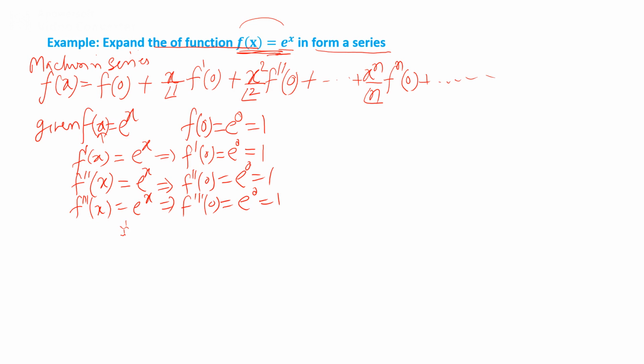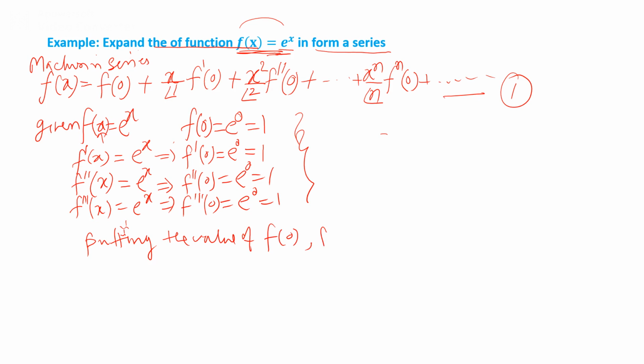Now put these values in that equation 1, meaning in the Maclaurin series. So what we do, we are putting the values of f(0), f'(0), f''(0), and so on in equation 1.